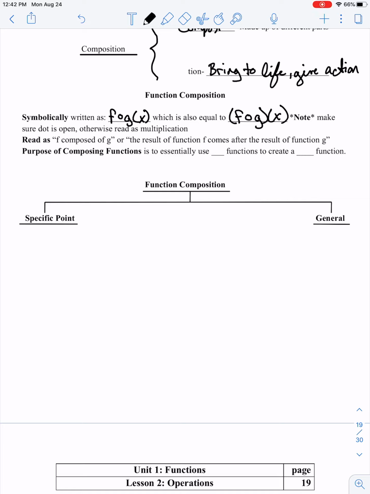Okay. Important information here. If you look at these dots, they're open. The dot has got to be open for this to be composition. If it's closed, it's written as multiplication.